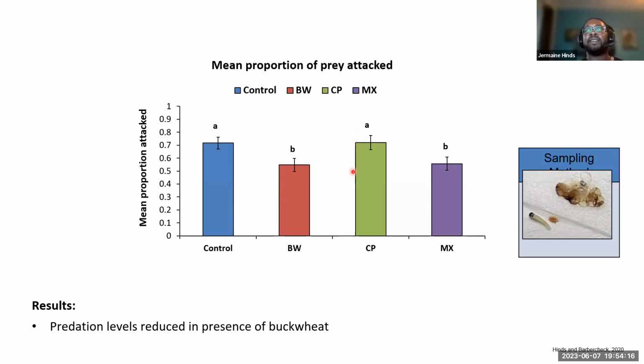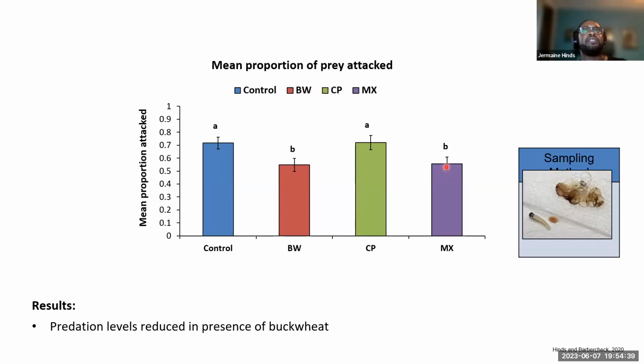So when they had the cowpea, they didn't have as many flowering resources. Extrafloral nectaries produce a little bit less nectar. So you see similar numbers of predation between that and the control. But when you see that mixture of two, you see that predation is depressed, right? So it seems like there's a little bit too much food resources here.